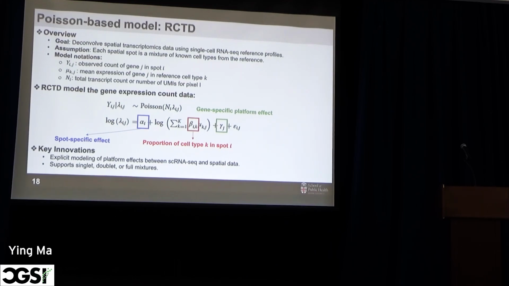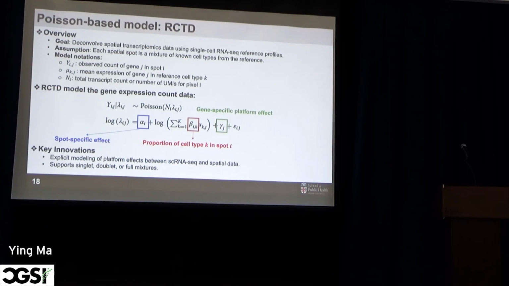This is the model that links the rate parameter to the cell type proportion. For each gene j at each spatial location i, we first link it to a spot-specific effect, because there will be different detection sensitivity across the spatial locations.